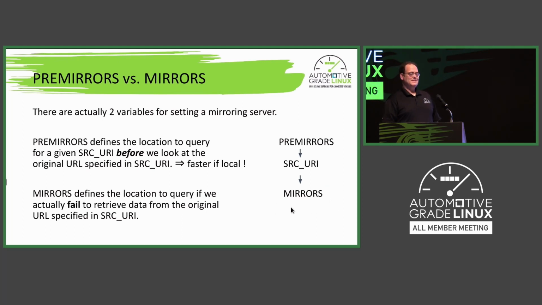So in case sources vanish from the internet because, let's say, a project cleaned up their download server, right? Happens all the time. An artifact is no longer available. So the Yocto Project has this mirror available. And AGL, on our download server, we also do provide a mirror for certain packages. Not all of them, but most.